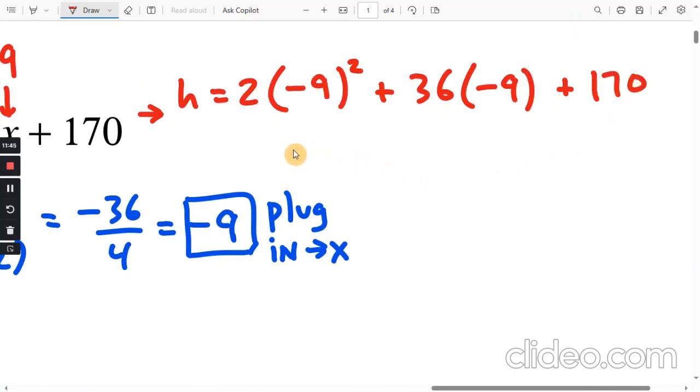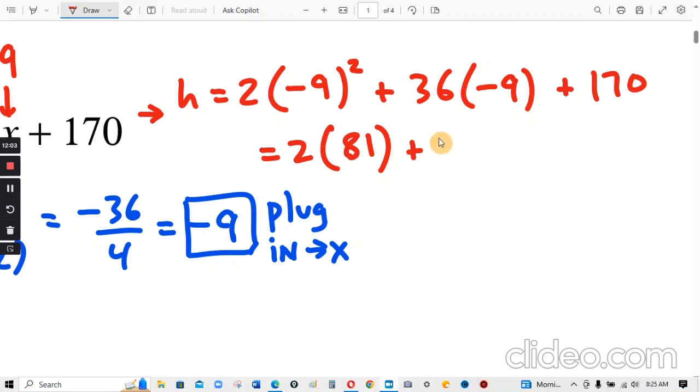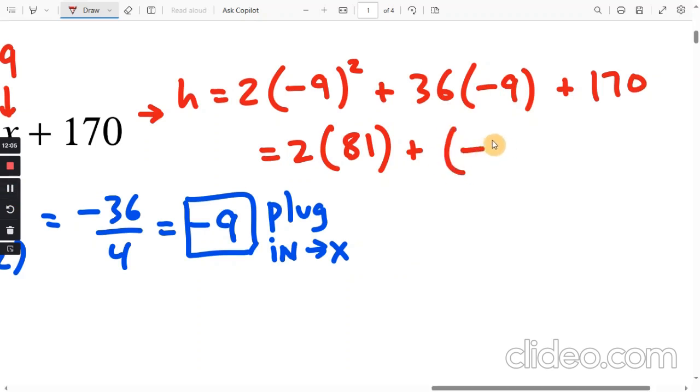Let's see. We have the 2. Negative 9 squared is going to be 81. Remember, when you square something, it becomes positive. 36 times negative 9, that's going to be negative 324. And then plus 170.